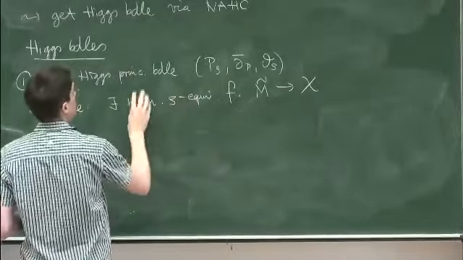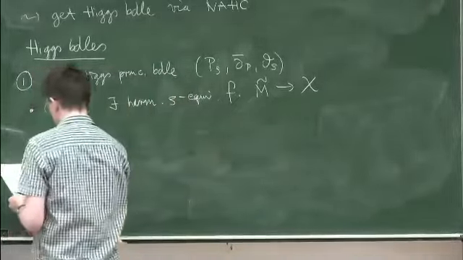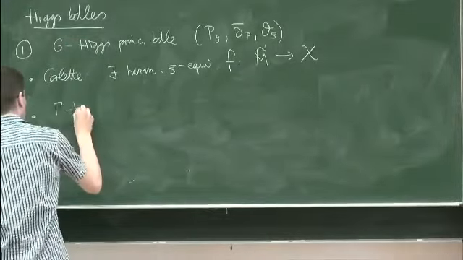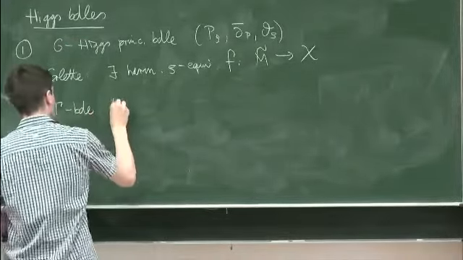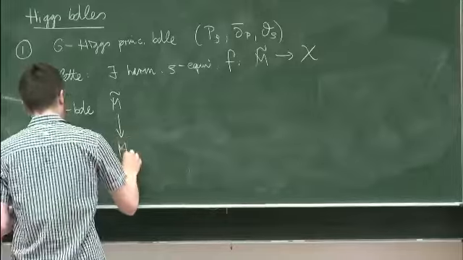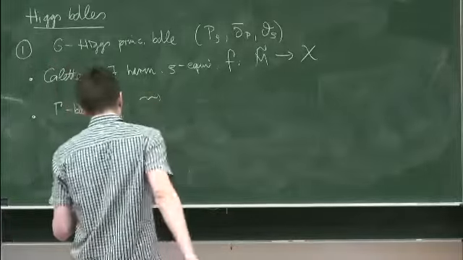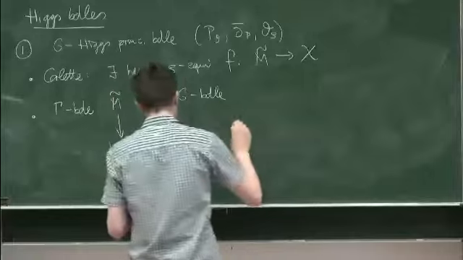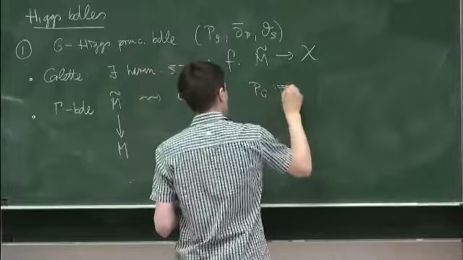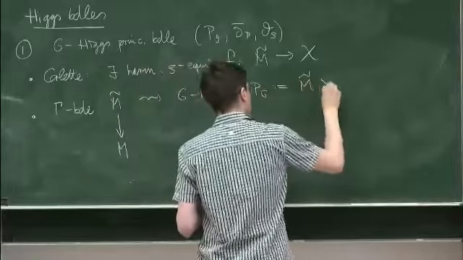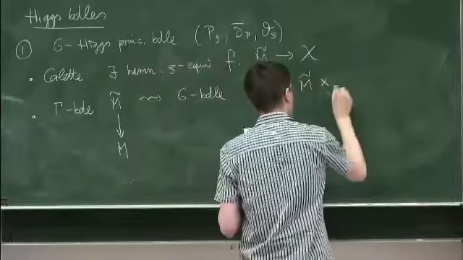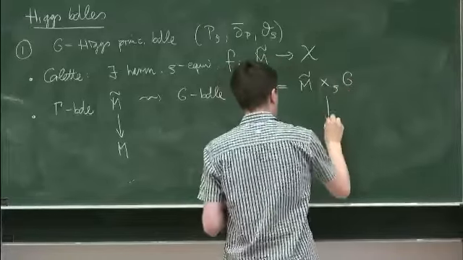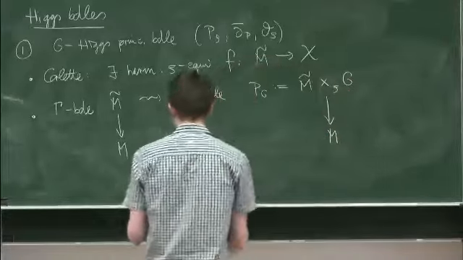And here is where reductivity of the representation is needed, I think. And so we have a Gamma bundle now, the universal covering, and we can associate the representation to this and get a G bundle, P_G, over M. It's the associated G bundle to this representation.